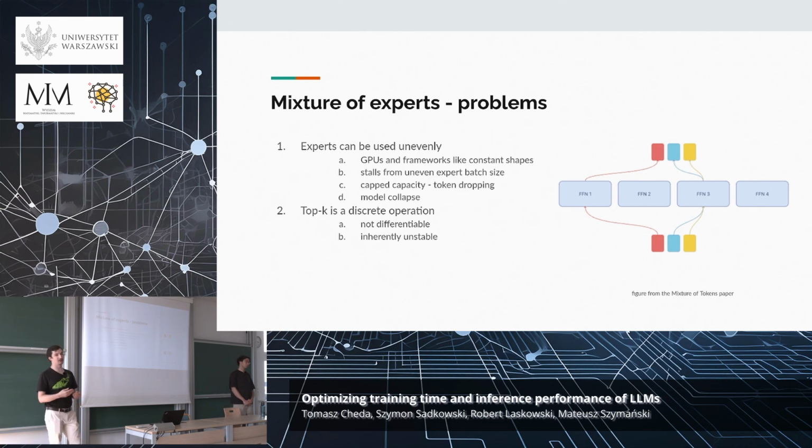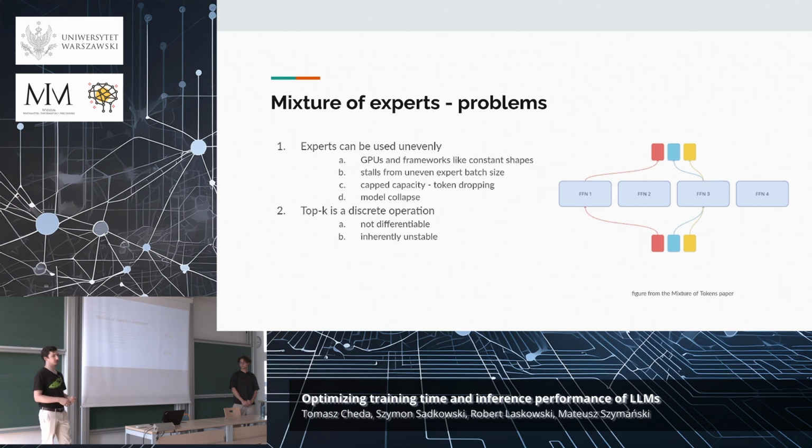It's not as big of a problem as it sounds, because transformers use a skip connection around those layers. So skipping an update in one block is not tragic, but it still hurts our performance. Moreover, if we have uneven batch sizes, an uneven number of tokens for each expert, we have to wait for all of the experts to finish computing before we can move on with the next layer.